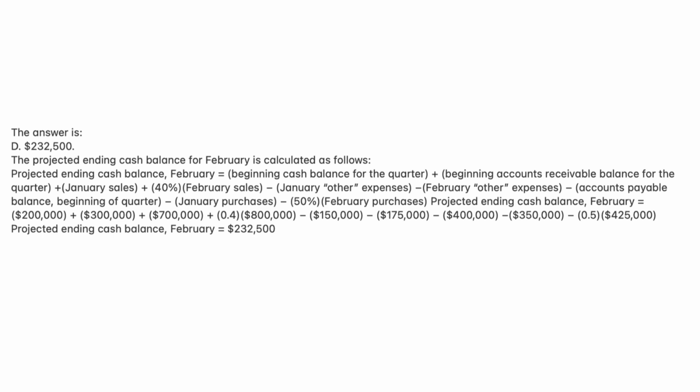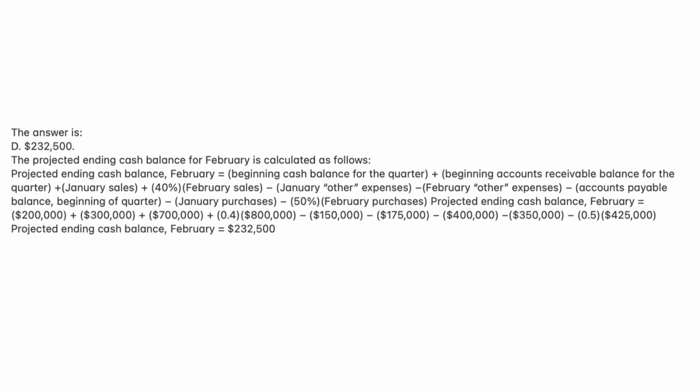The answer is D, $232,500. The projected ending cash balance for February is calculated as follows. Projected ending cash balance, February equals beginning cash balance for the quarter, plus beginning accounts receivable balance for the quarter, plus January sales, plus 40% of February sales, minus January other expenses, minus February other expenses, minus accounts payable balance at the beginning of the quarter, minus January purchases, minus 50% of February purchases.